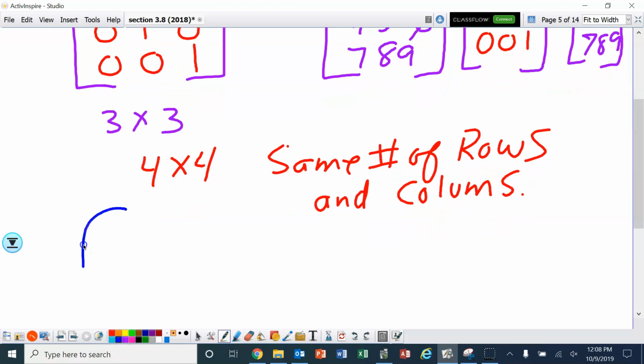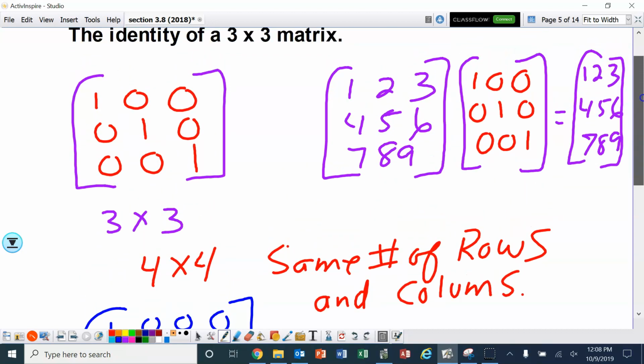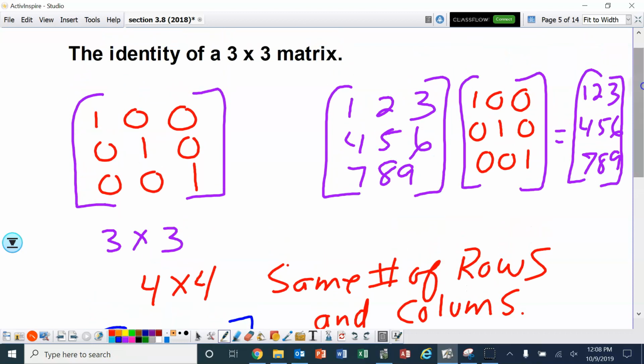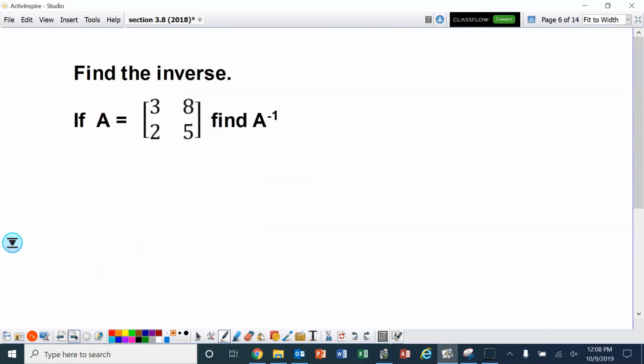So if it's a 4 by 4, it would be 1, 0, 0, 0, 0, 1, 0, 0, 0, 0, 1, 0, 0, 0, 0, 1. That is the identity for matrices. All right, so next page.